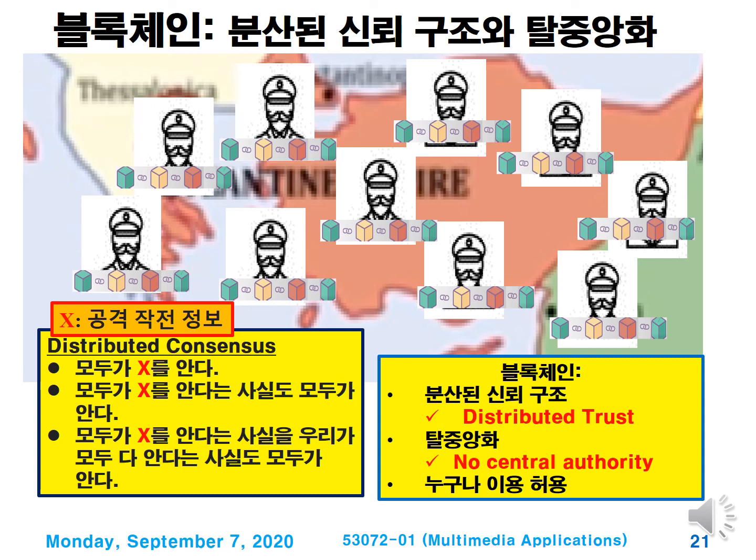So because of the proof of work, all the 10 generals maintain consistency in the attack plan. So this is called distributed consensus. So blockchain is based on the distributed trust concept.